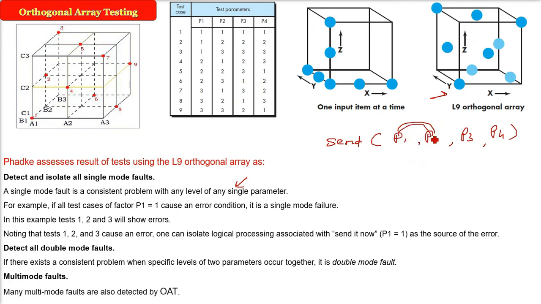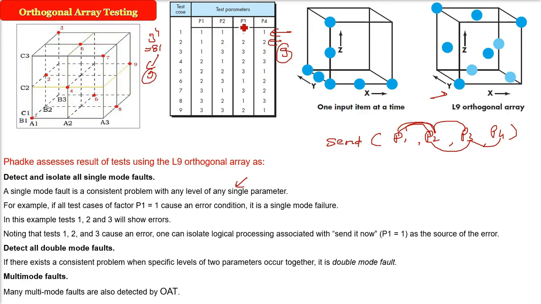If only P1 or P2 or P3 or P4 is giving some error, it is single mode. P1 and P2 together is double mode. A combination of all these is multi-mode faults. So what we do here is make a Taguchi design, and we can make only 9 test cases. Only 9 test cases, and this is a prescribed way of doing it.